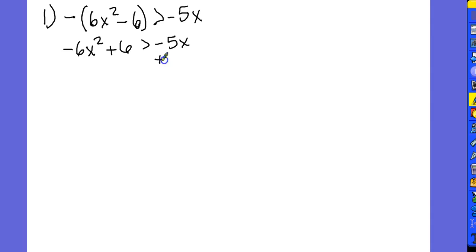And then, of course, we need to add 5x to the center so that it goes in its proper place. And we get -6x squared plus 5x plus 6 is greater than 0. So this is something new for us today, right? Our A term is negative, and we can't really divide out the 6 because that'll create fractions. We don't need that jazz.